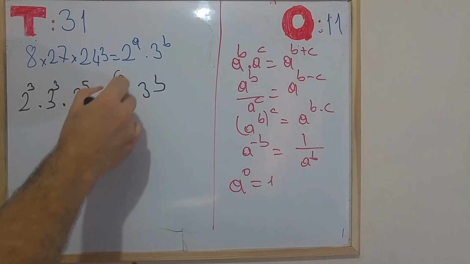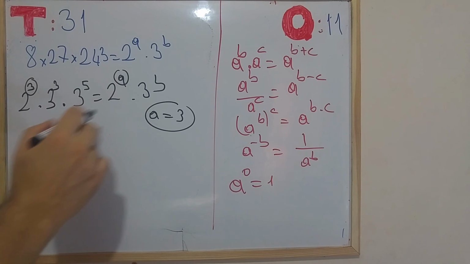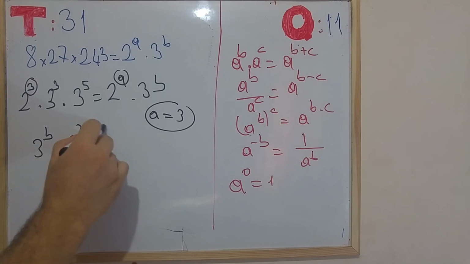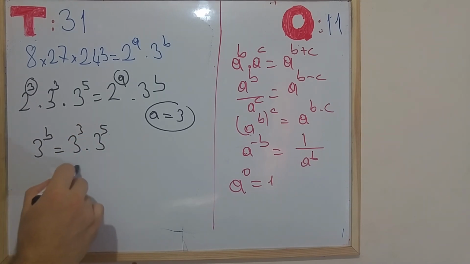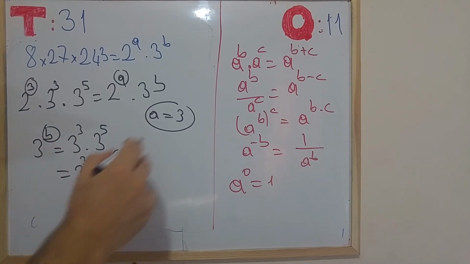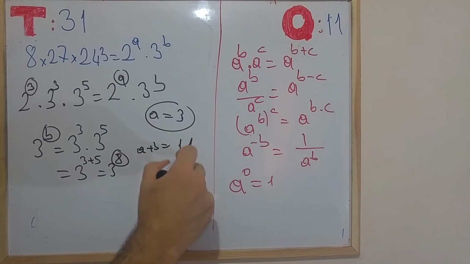So that I can see that a is equal to 3 from here. Let's come to the b. 3 to the b is equal to 3 to the 3 times 3 to the 5, which is equal to 3 to the 3 plus 5, which is equal to 3 to the 8. So b is equal to 8, and a plus b is equal to 3 plus 8, which is equal to 11.